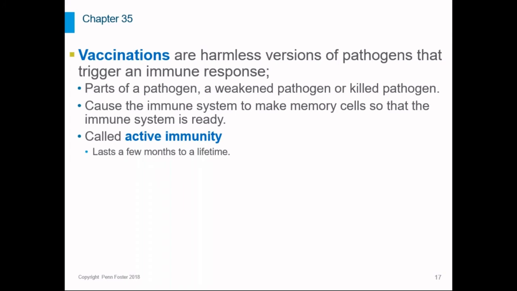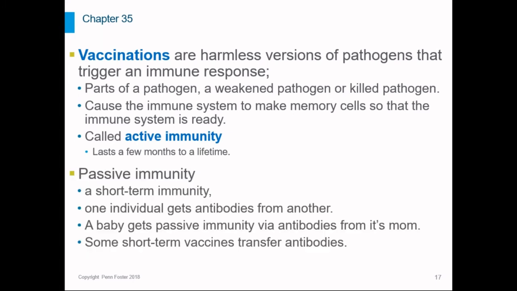And depending on which pathogen it is, active immunity can last a few months or last an entire lifetime or somewhere in between. There's also passive immunity, which is short-term immunity. And in passive immunity, it's not actually making new cells.